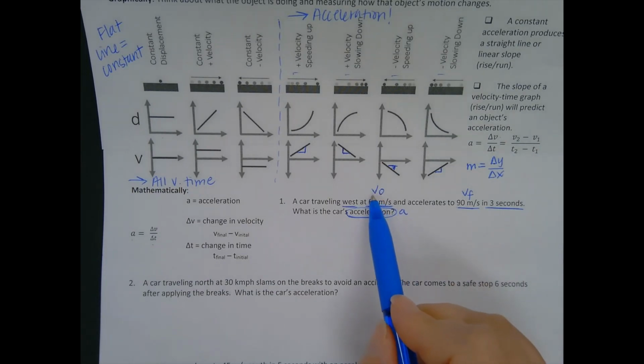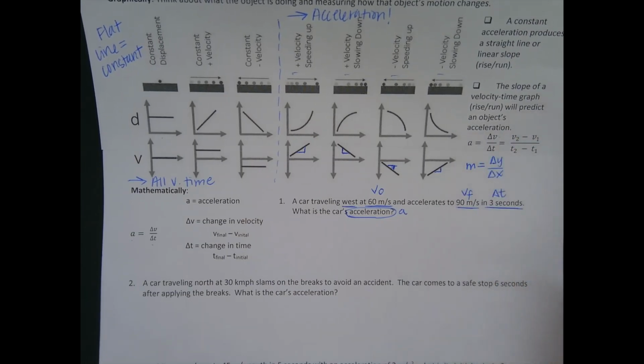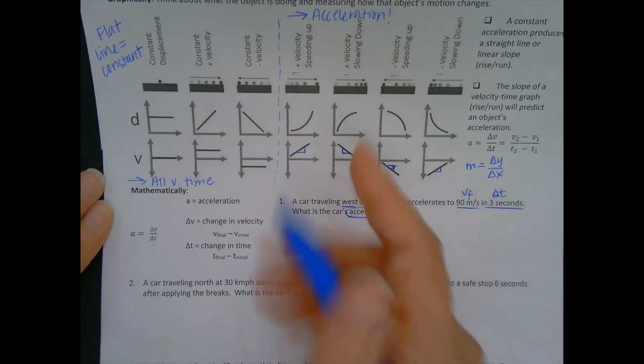I'm using V0 as my notation for my initial velocity and Vf for my final velocity. And then 3 seconds is my delta T. Now delta T is change in time, or final minus initial, but in this case it doesn't give me an initial, it just tells me the total change, so that's my delta T. That right there is, I think, one of the hardest parts about these problems: just identifying your variables. So now let's list it out.